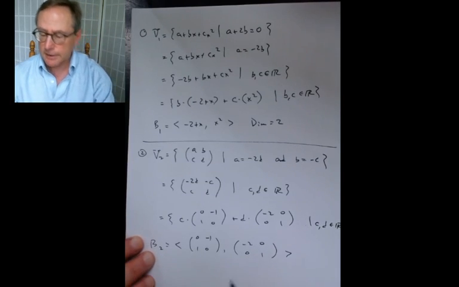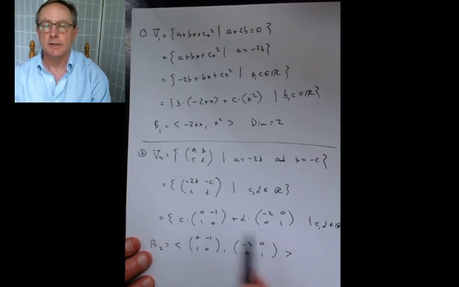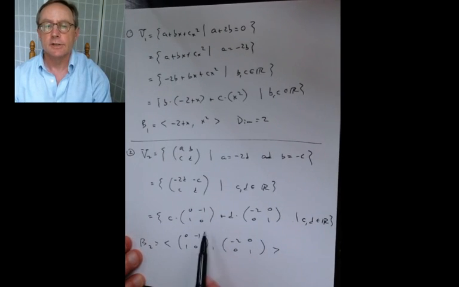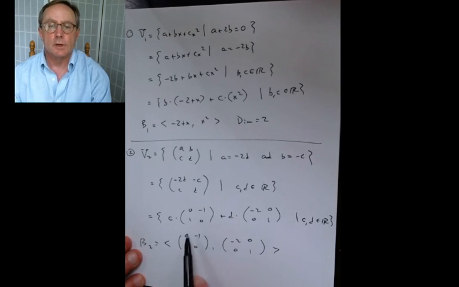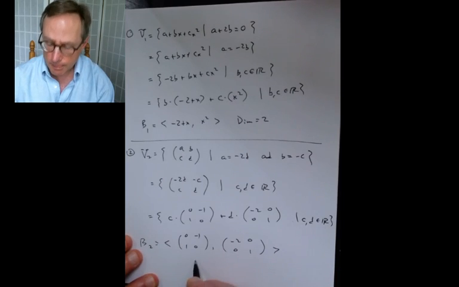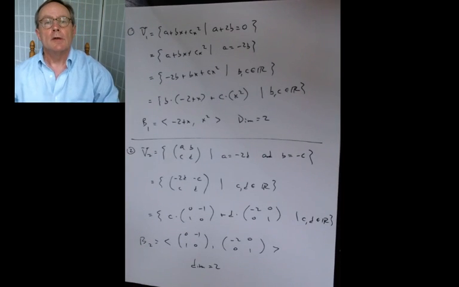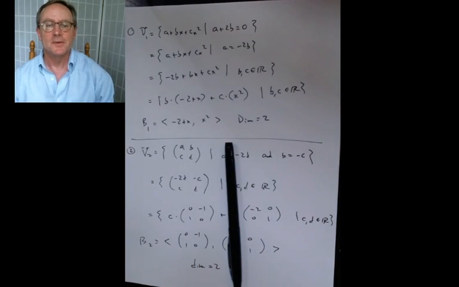It's easy to check that it's a basis. It obviously spans. It's easy to check that it's linearly independent. So look at the upper lefts, for example. And so the dimension here is also 2. Okay, so dimension is just a question of coming up with a basis and counting: 1, 2.